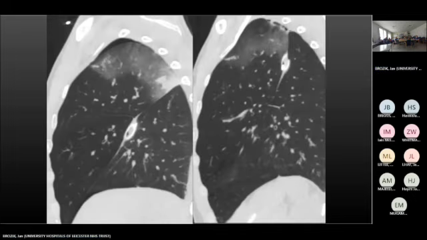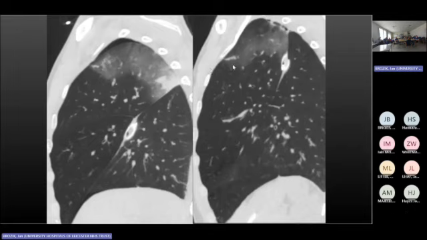So we go to a different plane. What was interesting, actually, both drains traveled into the fissures, but that's fine. And it's upper zones, and we have this dense line and this dense line here. So if I tell you that this is the second intercostal space anteriorly on both sides, and we have linear opacity in the patient.